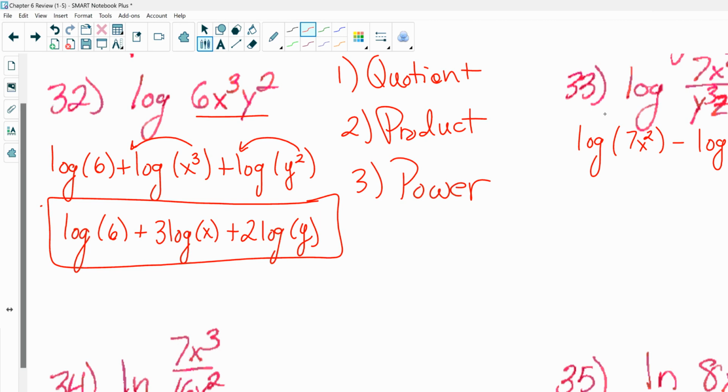Now product is next, so especially if we look at this first one, just like the last one, it'd be log of 7 plus log of x squared. Then we'd have our minus. And we could put the parentheses here, log of y cubed plus log of z squared.